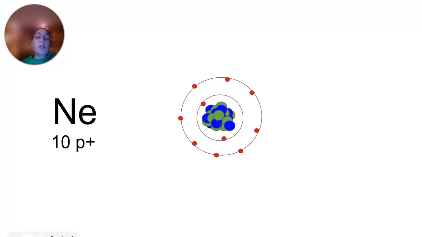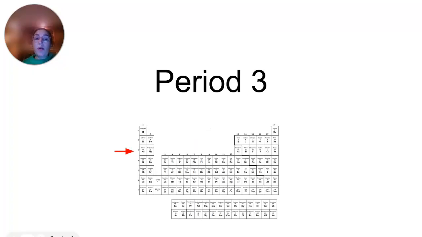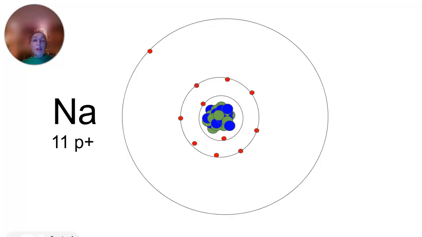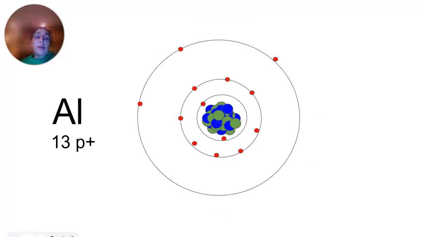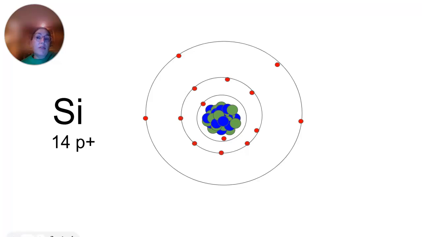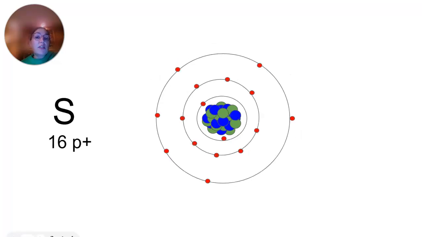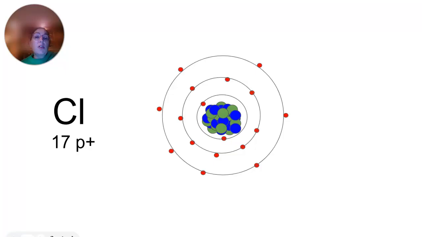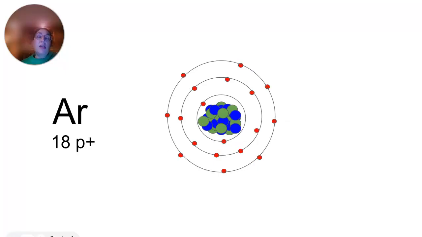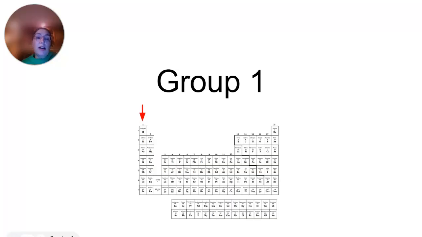And then we're going to go down to the next period, or the next row. We're going to go to the third period at sodium. We add a whole other energy level, so radius gets a lot bigger. But then as we go left to right, from sodium to magnesium to aluminum, we see that radial contraction going left to right. Silicon, phosphorus, sulfur, chlorine, and finally to argon. So going left to right, we get this radial contraction.